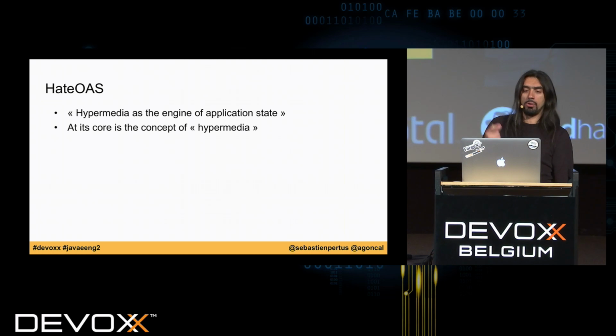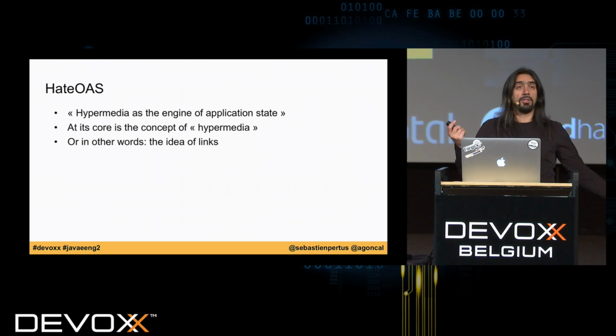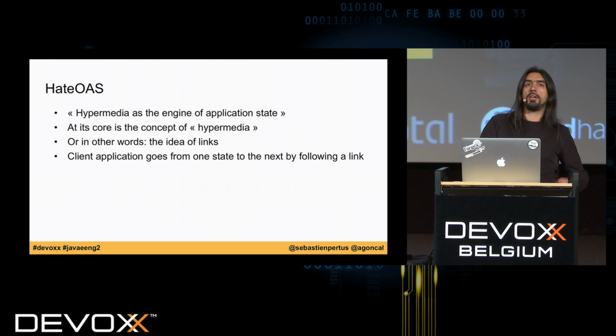So at the core of HATEOAS is the concept of hypermedia. In other words, links. You know, the web is made out of links, and all the clients are used to go from one link to another link. You follow links. When we are on a web page, we know what to do.